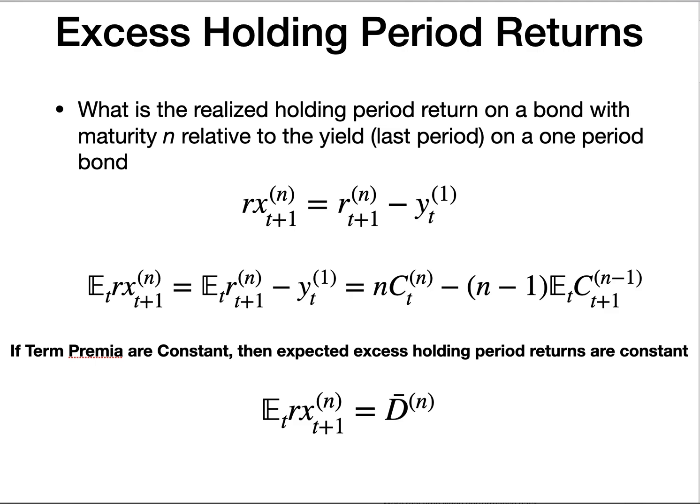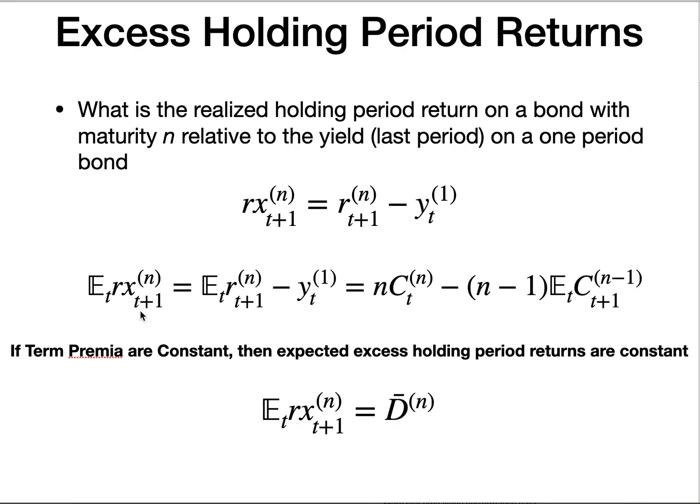And then finally, we can consider the model's implications for expected excess holding period returns, which we introduced in lecture 4. And there we said the realized holding period return is the difference between the realized return on buying a bond of maturity n at time t and selling it at time t plus 1 minus the short rate.